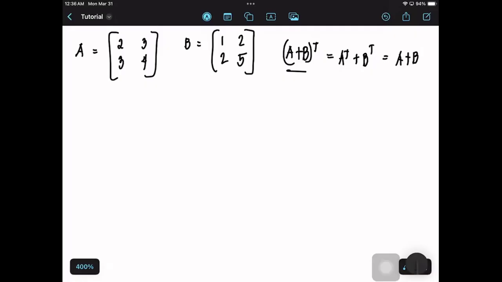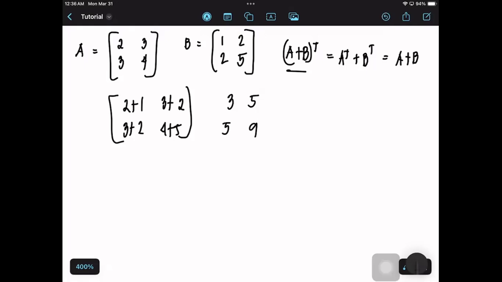For A plus B, that is equal to 2 plus 1, 3 plus 2, 3 plus 2, 4 plus 5. If you calculate that, it will equal 3, 5, 5, 9. That is the result for A plus B. Remember, that is still A plus B because we have not transposed yet.